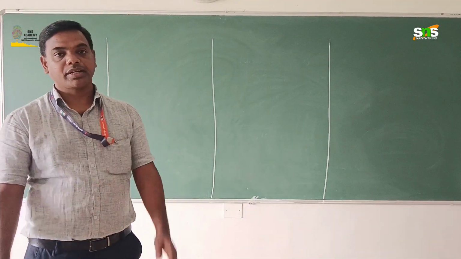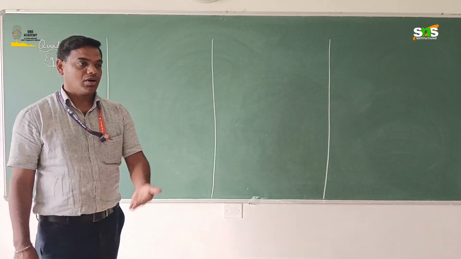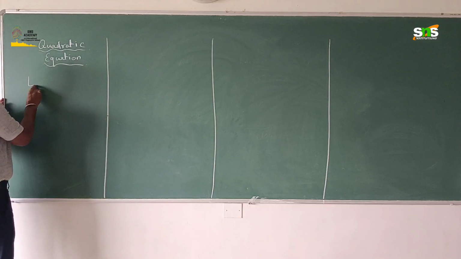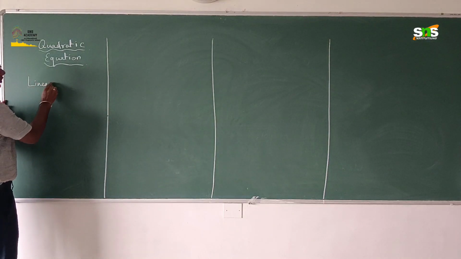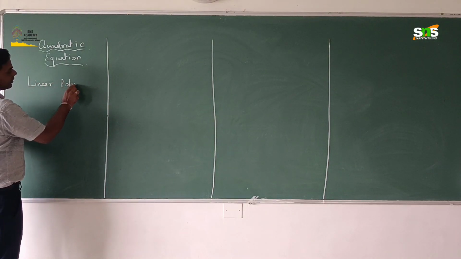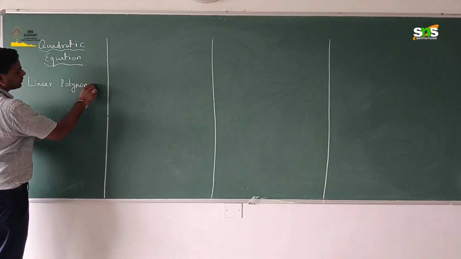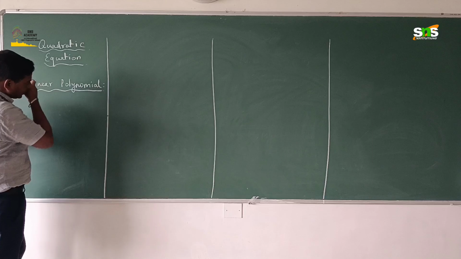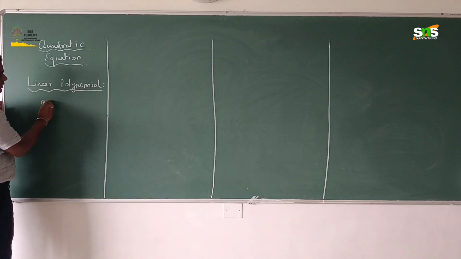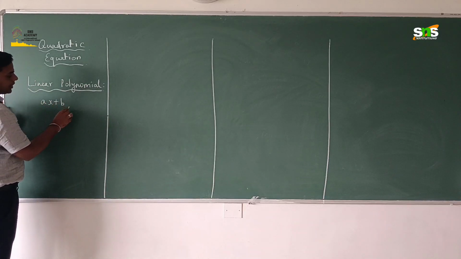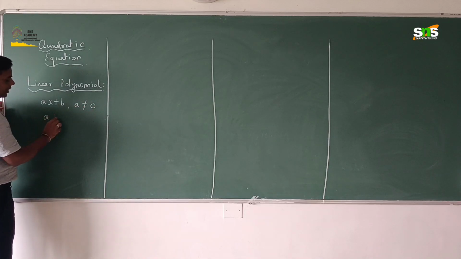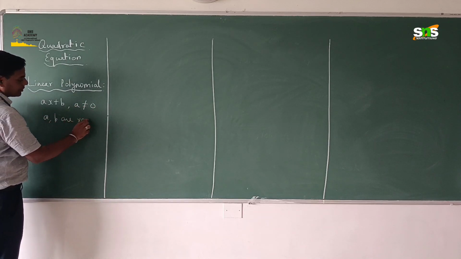We have already studied polynomials, so we know how a polynomial is formed. First, we know what is meant by a linear polynomial. The general form of a linear polynomial is ax + b, where a is not equal to 0 and a, b are real numbers.